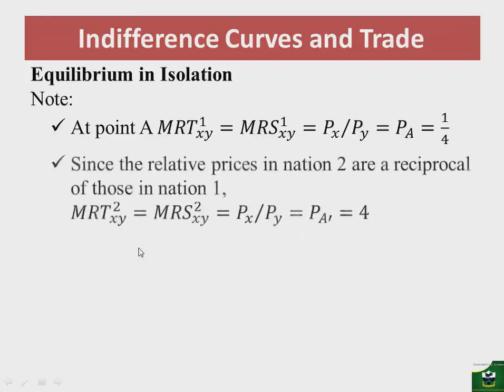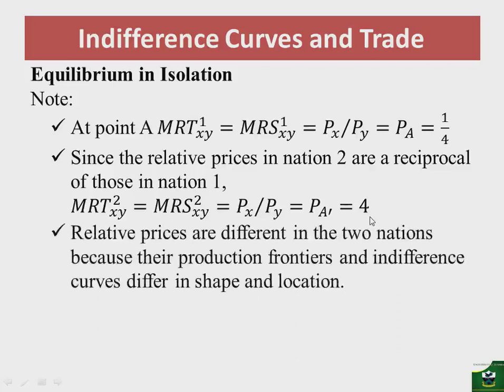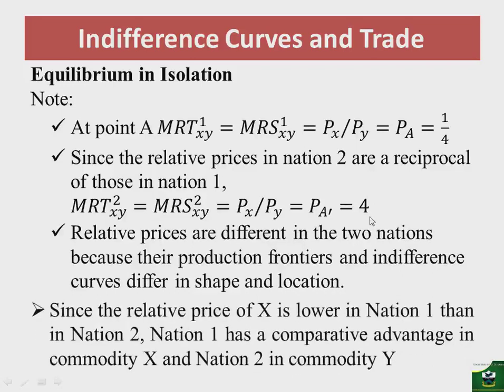Okay, so for nation 2, we see that it's actually the reciprocal of nation 1's terms of trade. And the marginal rate of transformation in nation 2 is equal to the marginal rate of substitution in nation 2. And in autarky, this is equal to 4. And if we compare the two, we see that nation 1 has a comparative advantage in the production of commodity X, and nation 2 has a comparative advantage in the production of commodity Y.